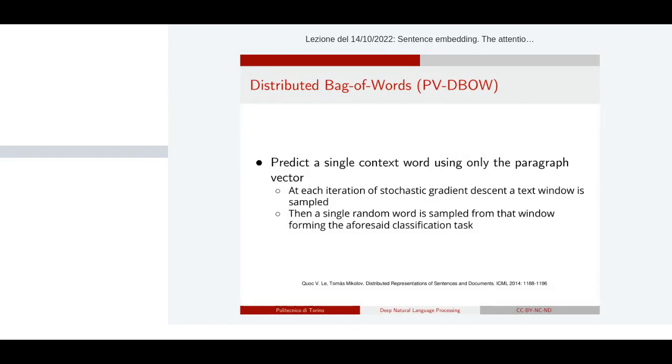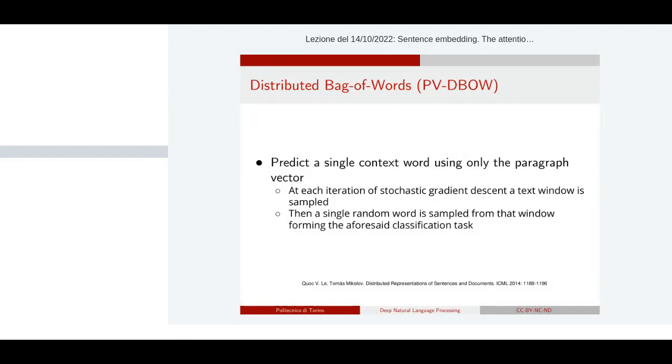At each iteration, you sample the data, also taking random words, because of course you have to generate the samples. Like in the self-supervised scenario, you have to generate samples where you know the input, you know the output, and the network learns how to tackle the problem.